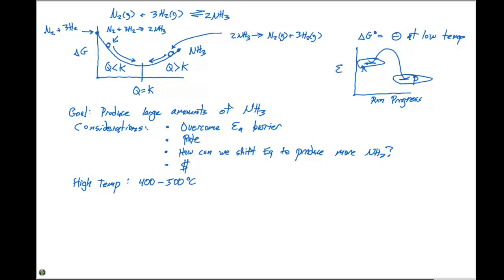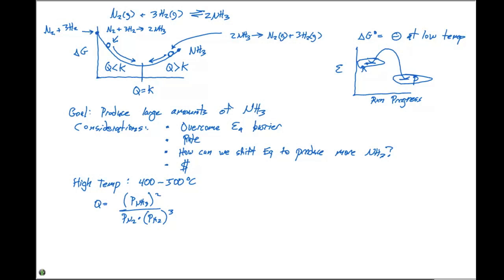But what we can do is manipulate these pressures. Because remember, Q is equal to the partial pressure of NH3, that quantity squared, divided by the partial pressure of N2 times the partial pressure of H2 to the third power.